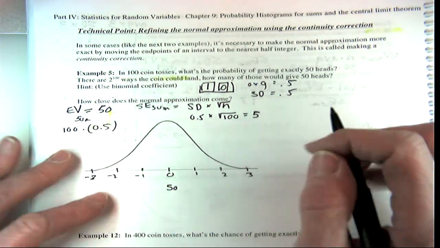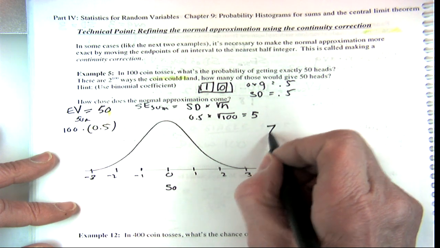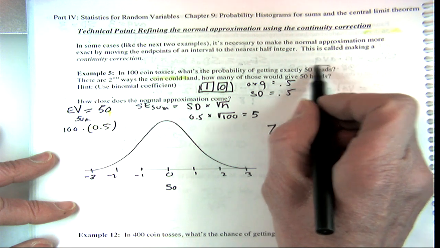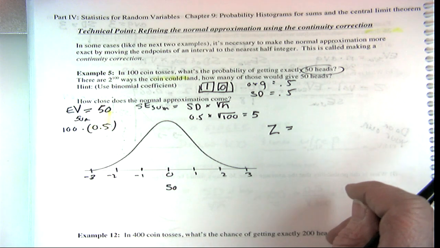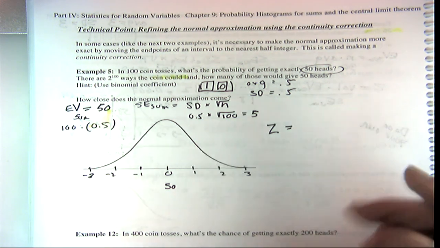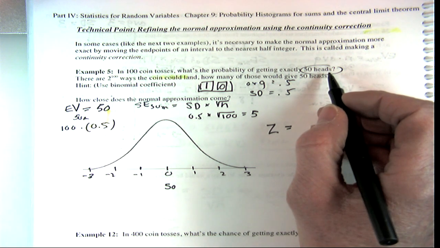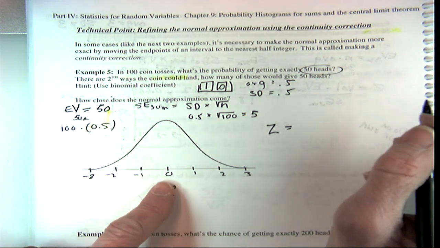Now look what happens if we do this and we try to get a z-score. Our value is 50, but the endpoints of the interval are both 50. It's exactly 50, so our z-score would be 0.